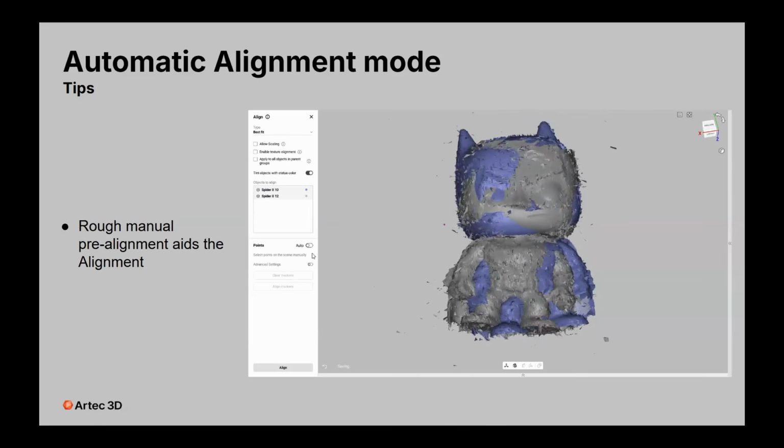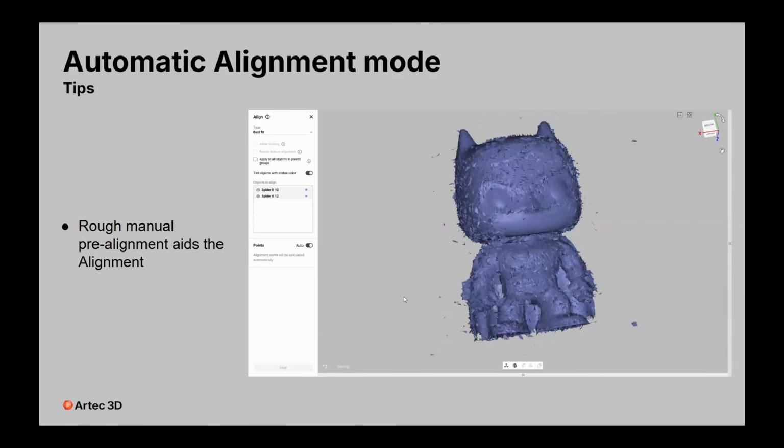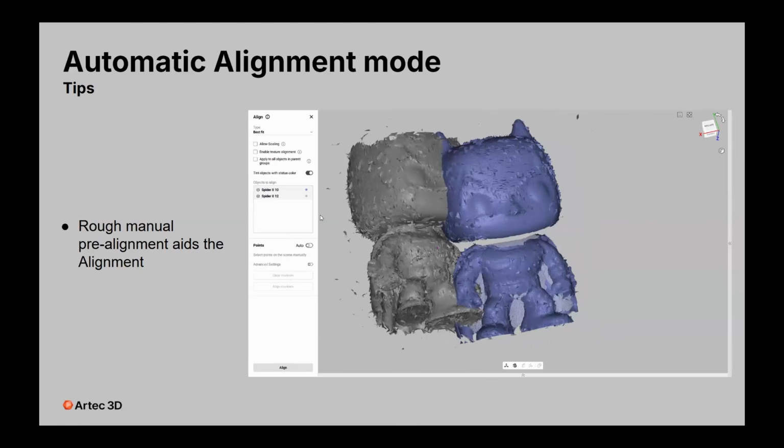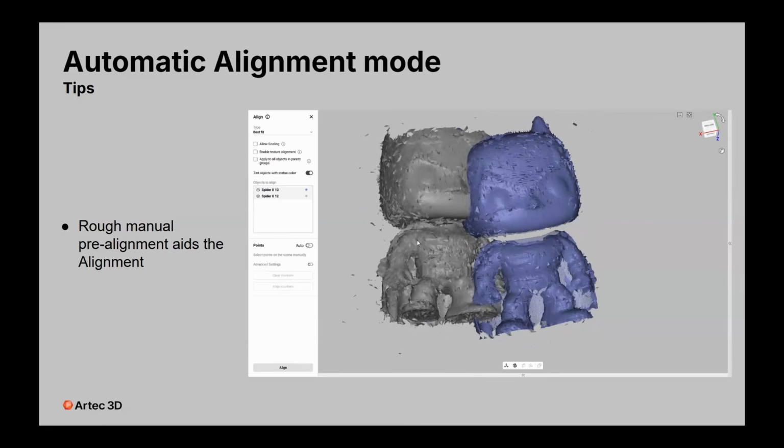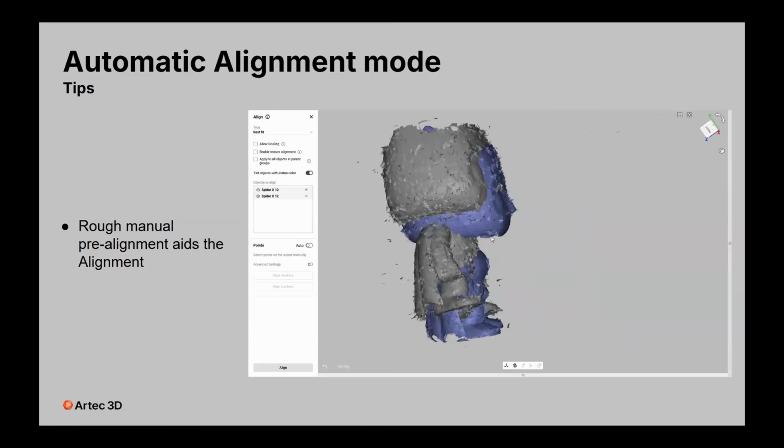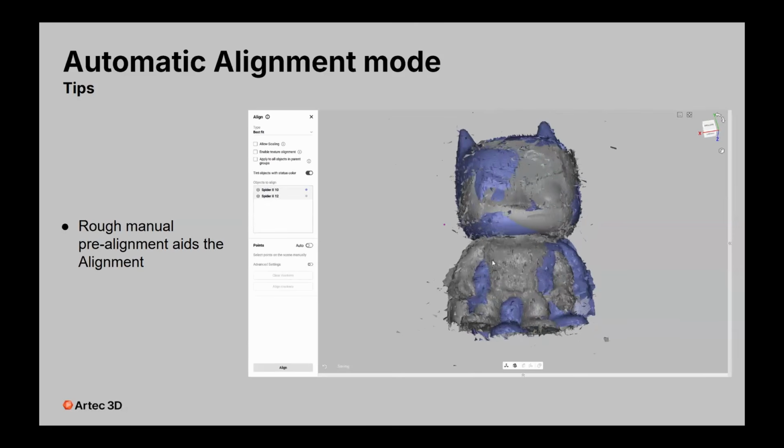And so the closer you move your scans together, the better rotation. So ideally, you should always try to rotate it, as you could see here on the GIF. So you should roughly rotate it to the state of the registered object for the auto alignment to run faster.